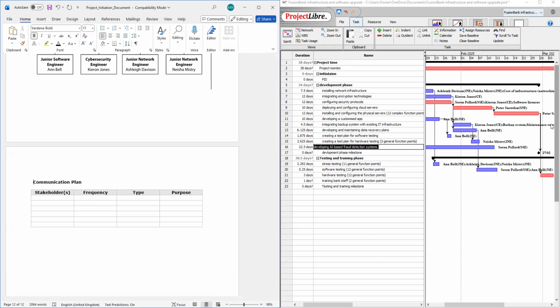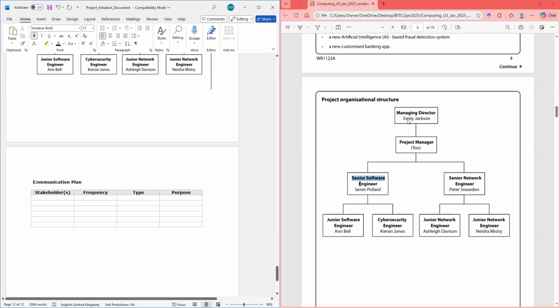So, for example, you would communicate with your client, your sponsor, or your managing director.